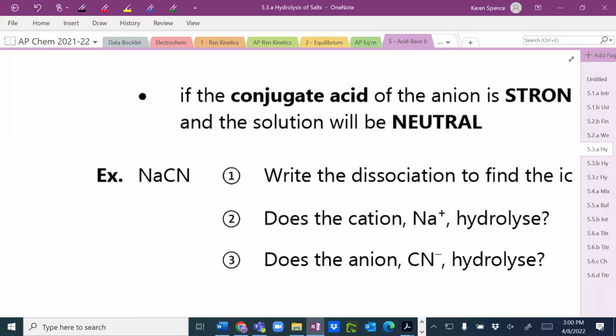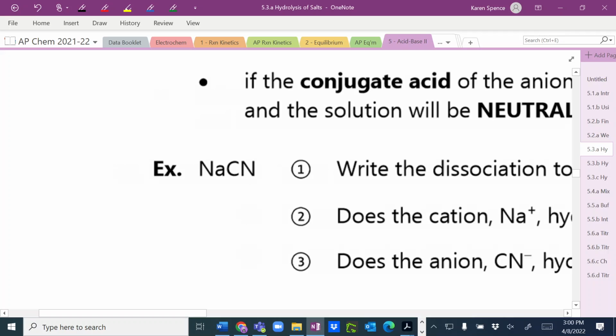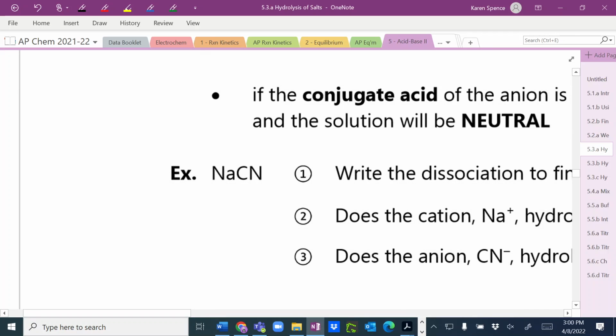NaCN. Why don't you cover up the answer and see what you can do with that? Does Na+ hydrolyze? No. Does CN- hydrolyze? You would want to look at its conjugate acid. Who is its conjugate acid? HCN. Is that a strong acid? No. Therefore, does CN- hydrolyze? Yes.